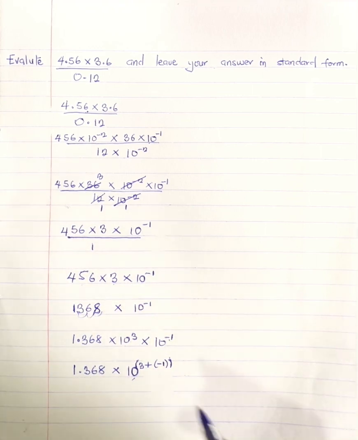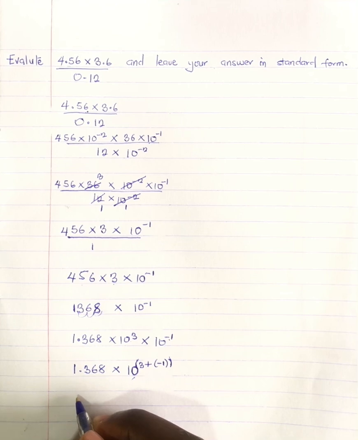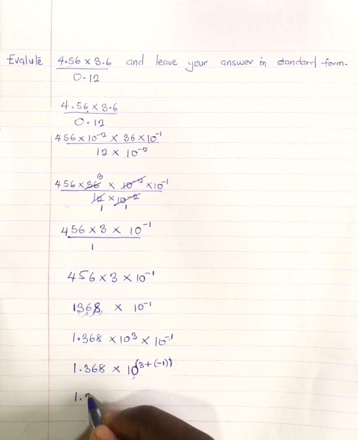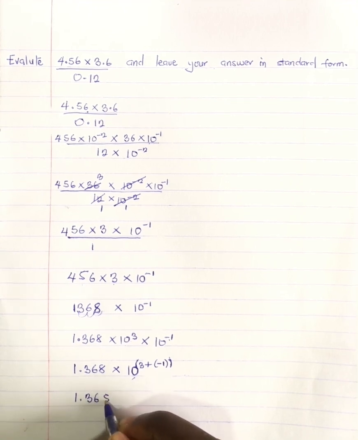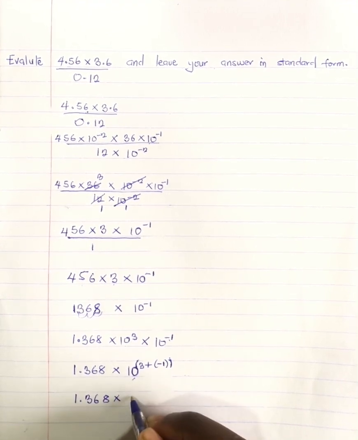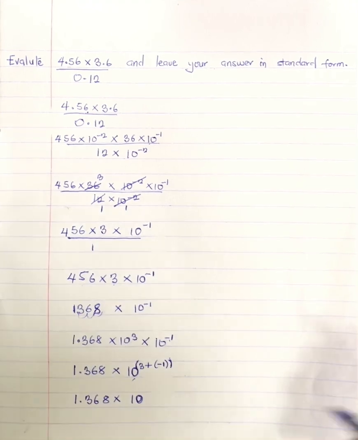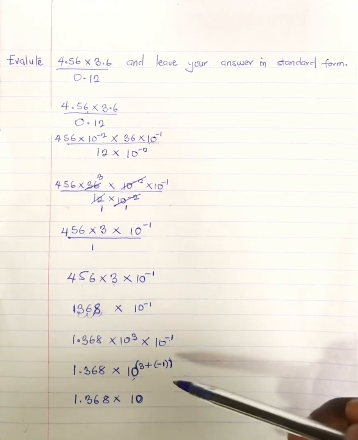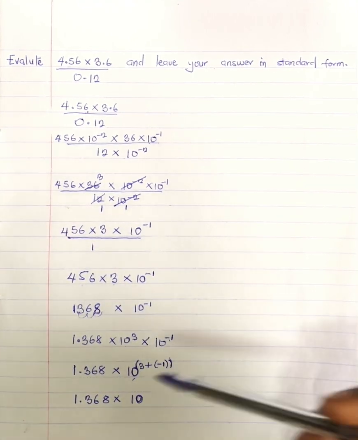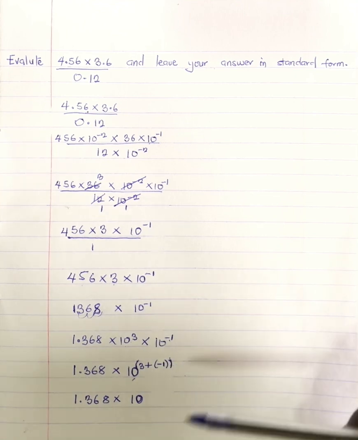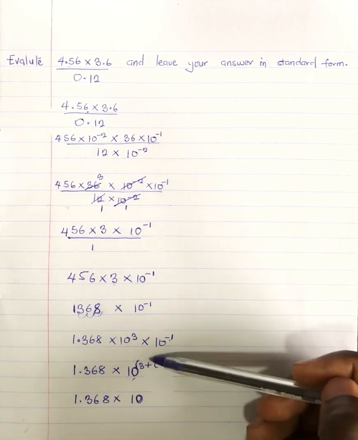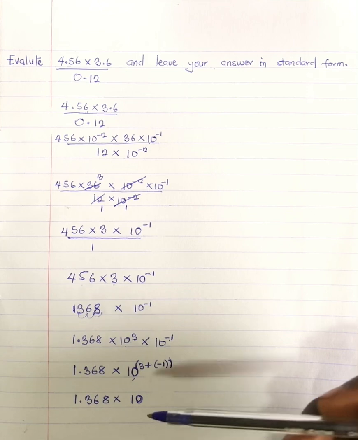So from this point, we say we have 1.368 times 10. Now this is how I used to teach pupils when it comes to integers. If you have a negative number, it means you owe. Now if you have a positive number, it means you have money.